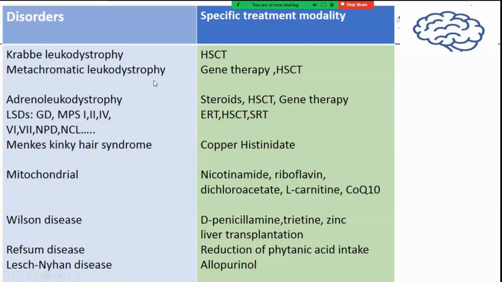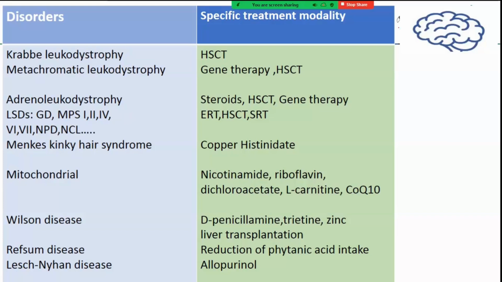For metachromatic leukodystrophy, HSCT was being tried, but now I think you may know there is an effective gene therapy available for metachromatic leukodystrophy if they are picked up early. And for adrenoleukodystrophy, HSCT and gene therapy, both are there. For lysosomal storage disorders, enzyme replacement therapy and HSCT are there. And then for mitochondrial and other disorders, there are cocktails of vitamins and things. Specific diseases like Wilson's can all be treated.